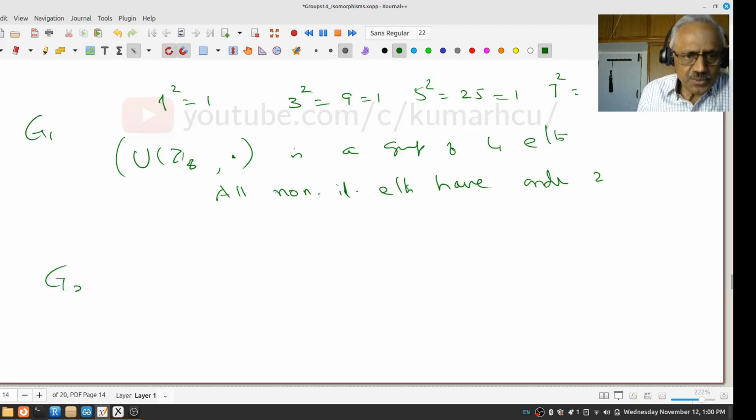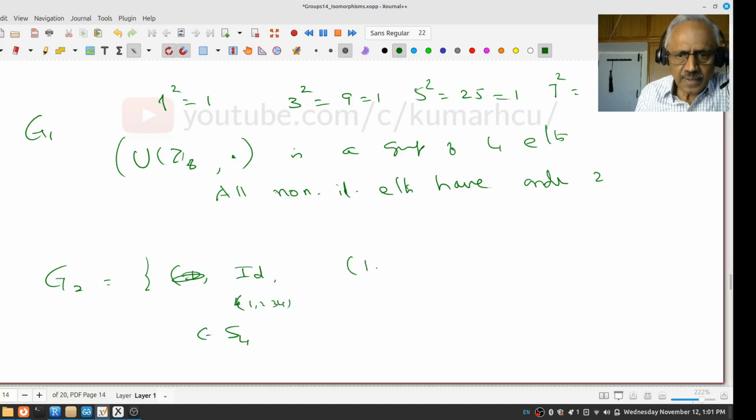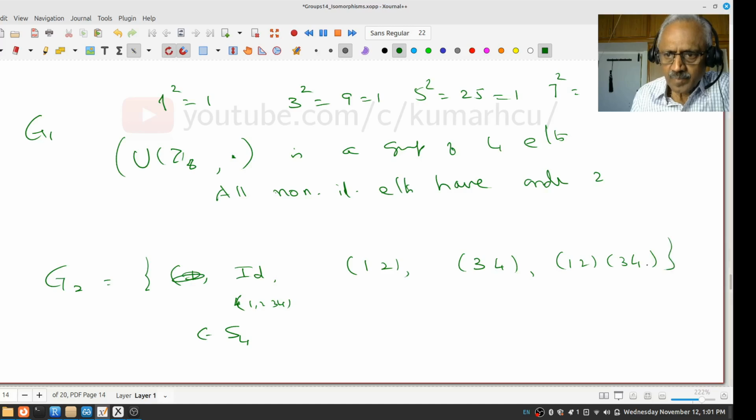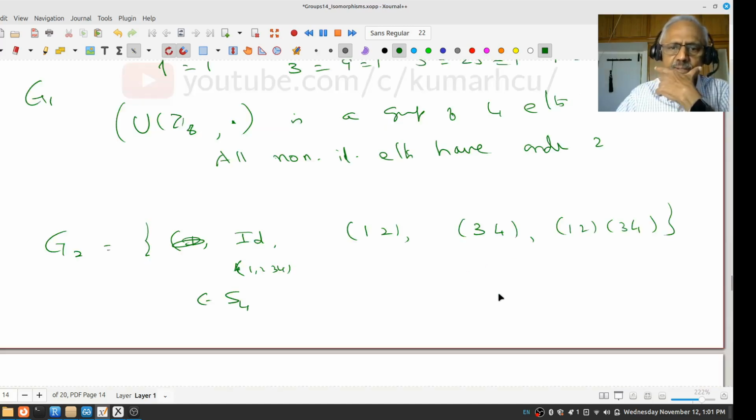Let us look at G2. G2 consists of all these elements: the identity permutation of 4 elements, the identity element of S4, and the transposition (1 2), the transposition (3 4), and the cycle decomposition (1 2)(3 4).